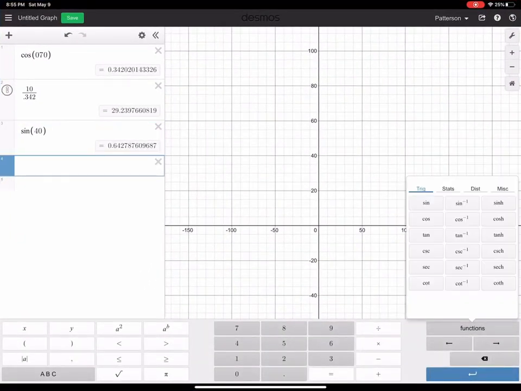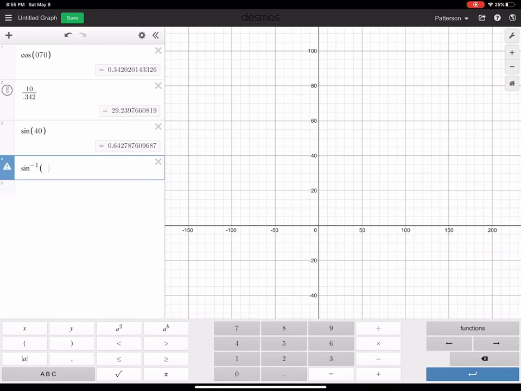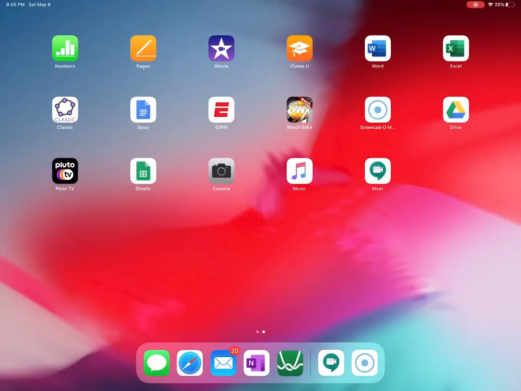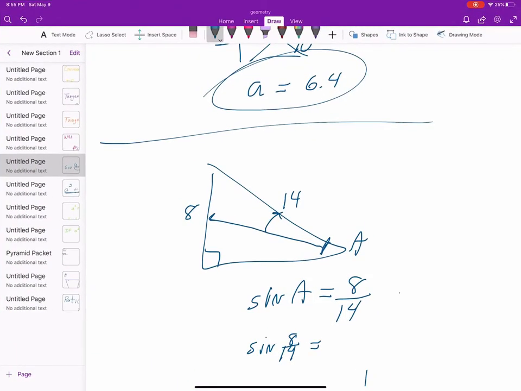That guy is going to be right there. So I'm going to go 8 divided by 14. Pretty sure that's what it was. And I get 34.8. Yep. So angle A is 34.8 degrees. Alright, there you go. And that's your sine and cosine.